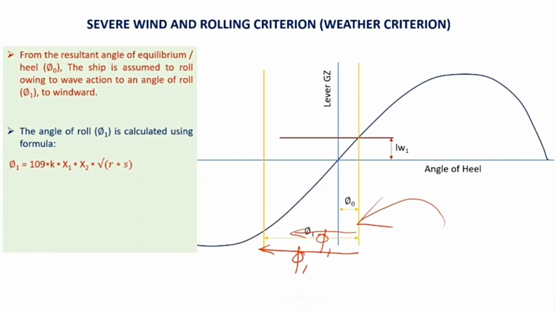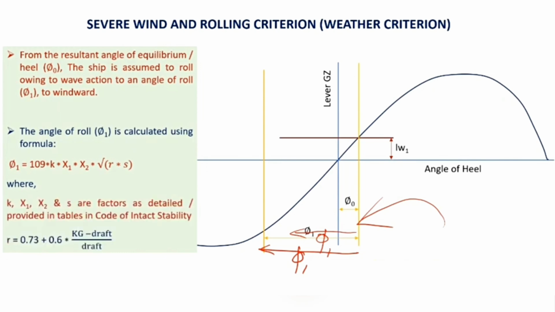If you want to remember them, it's your choice. I have tried to simplify as much as I could so that you don't have to remember. But ultimately you should know where phi 1 comes from. Phi 1 will come out of some calculations for the ship. So the angle phi 1 is calculated using the formulae and the tables given in the Code on Intact Stability. Is that clear?